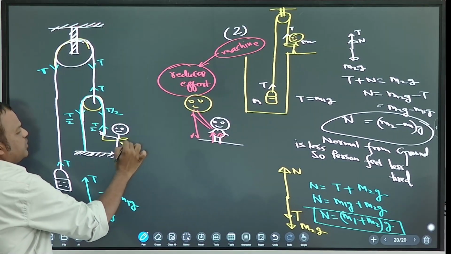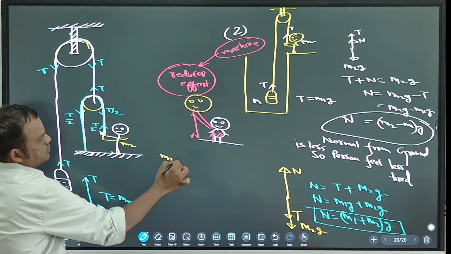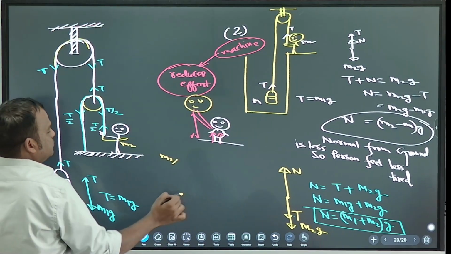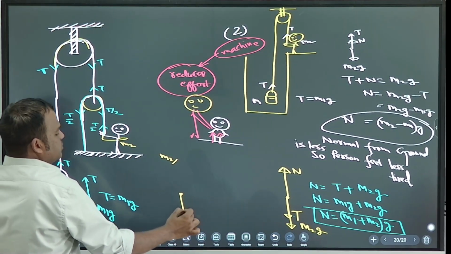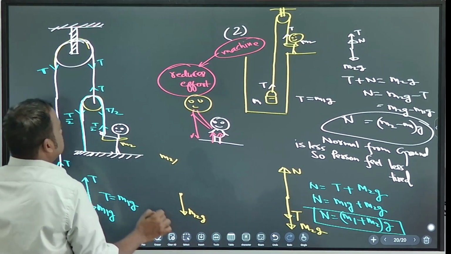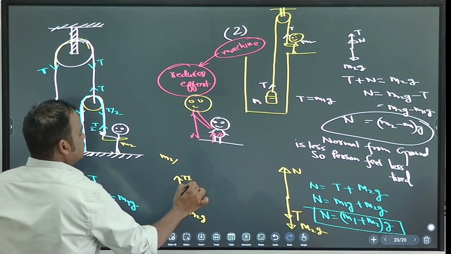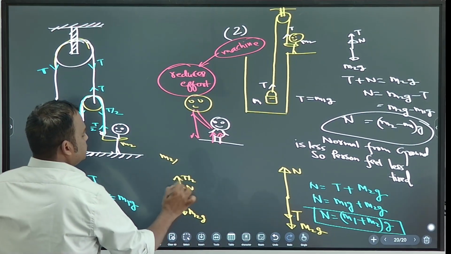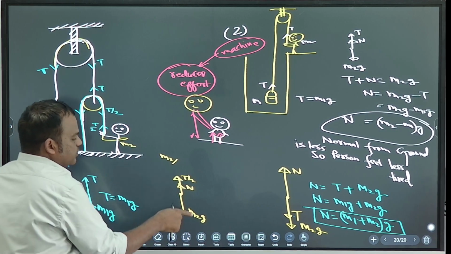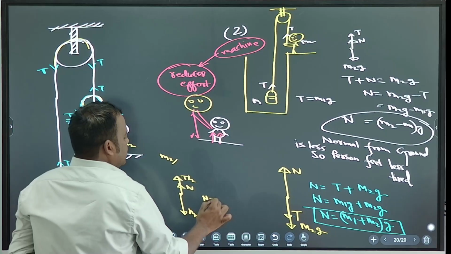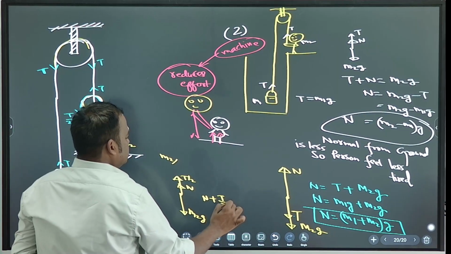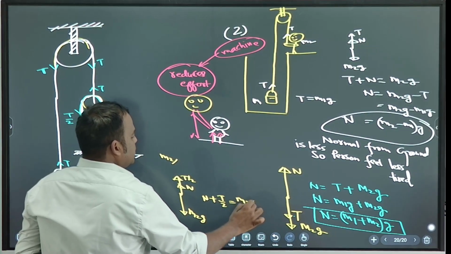Now this person, M2. For M2, downward is M2G, upward is T by 2, and normal is upward. So N plus T by 2 is equal to M2G.